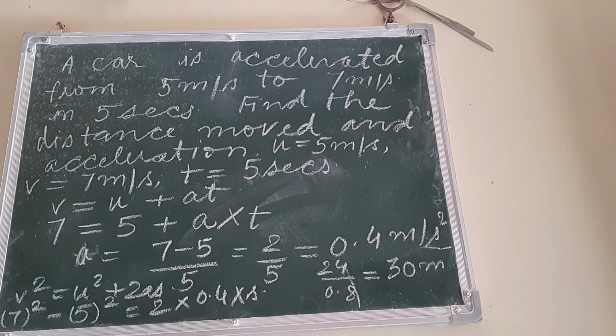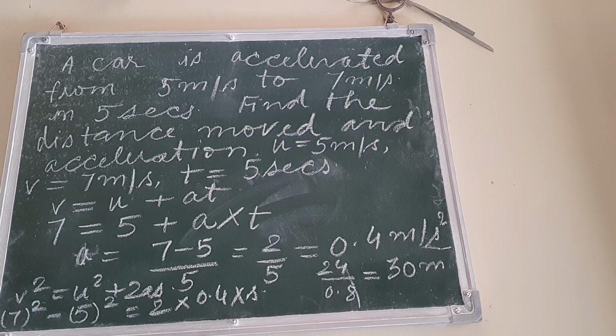So we are going to understand this question once more. A car is accelerated from 5 meter per second to 7 meter per second in 5 seconds. Find the distance moved and the acceleration. U is the initial velocity, that is 5 meter per second. V is the final velocity, that is 7 meter per second. Time is 5 seconds.